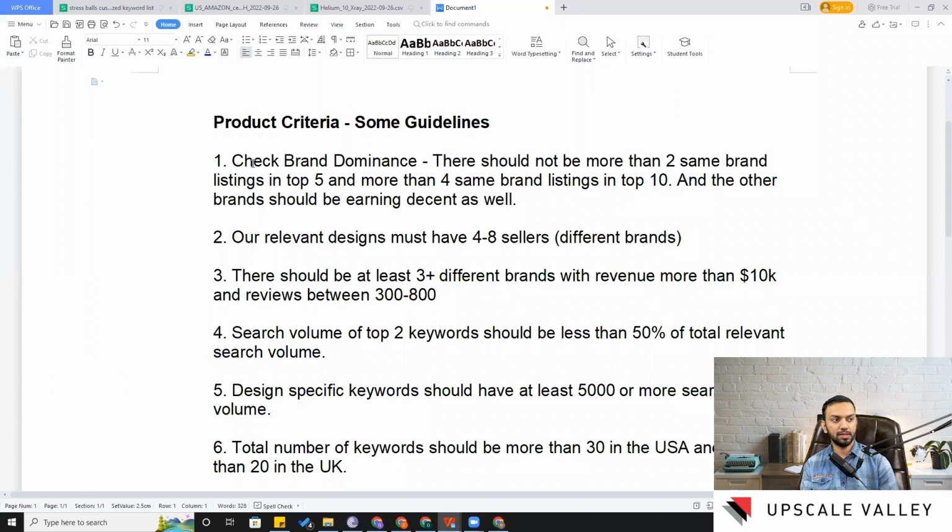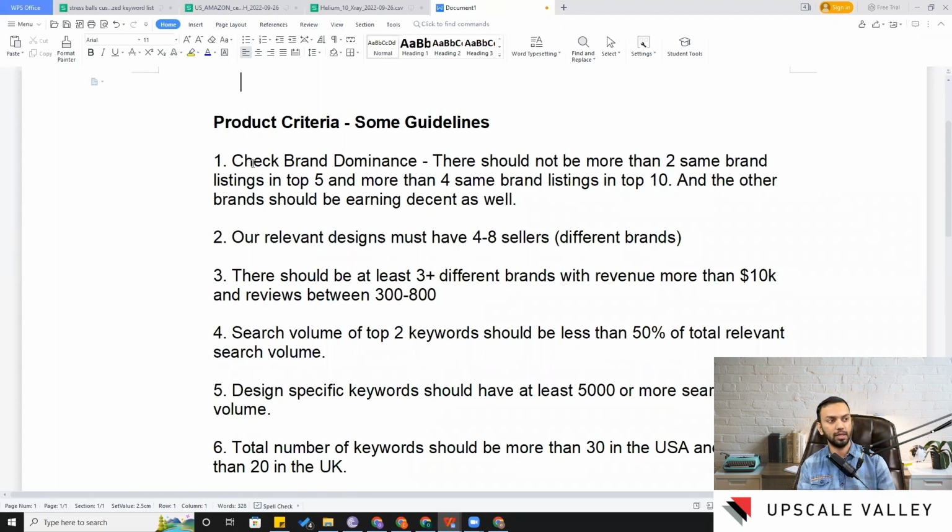Then the second point is our relevant design must have around 4 to 8 sellers. It's not actually more about the sellers, but more about the design-specific keywords, because we might go into some designs which are altogether new. We need to see in which design-specific keyword class, or in which subcategory, or micro niche would be the right word, these designs are falling, and whether there is some prior demand for these specific kinds of designs or not.